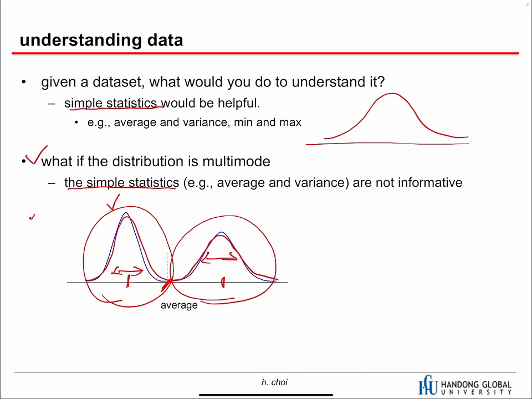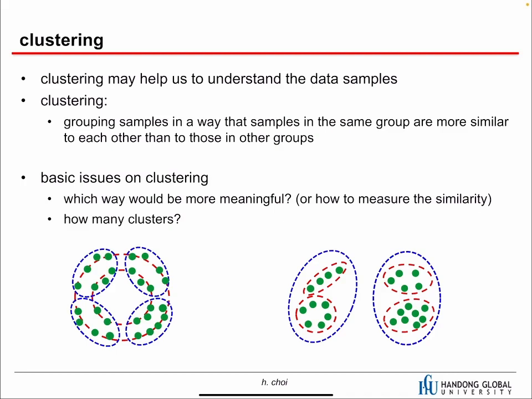So let's talk about clustering. As I said, clustering may help us to understand the data samples. Then what is clustering? Roughly speaking, clustering is grouping samples in a way that the samples in the same group are more similar to each other than to those in other groups. Actually, this is what we do in our daily life.